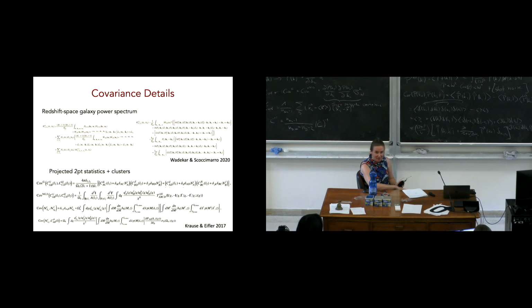There's extensive literature. Will Percival's group has, for example, done quite a lot of work on it recently. A more classic paper is from Peter Norberg from around 2010 or so, showing how hard it is to get good jackknife estimates.